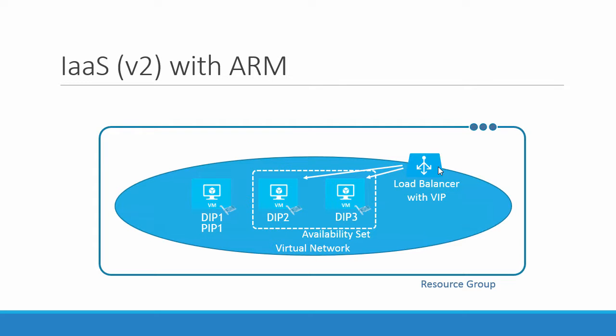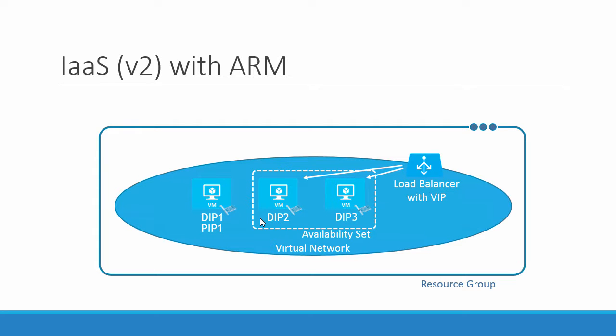The container is actually now I create an availability set. And the great news is with the Azure Resource Manager, these availability sets can now span 3 fault domains. So for those quorum-based applications, good news. Now I have 3 fault domains. Load balancer is now a discrete object that references those virtual network adapters.